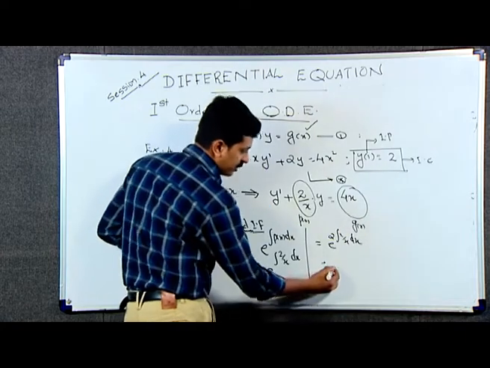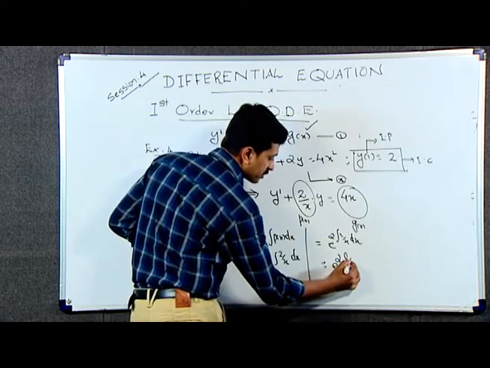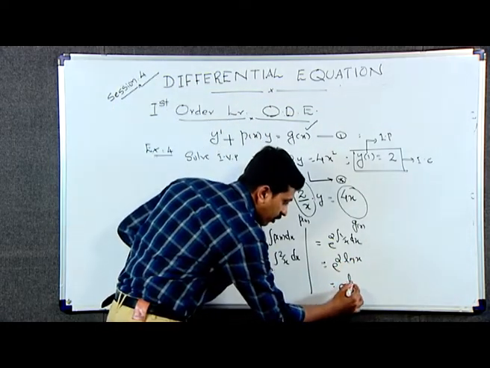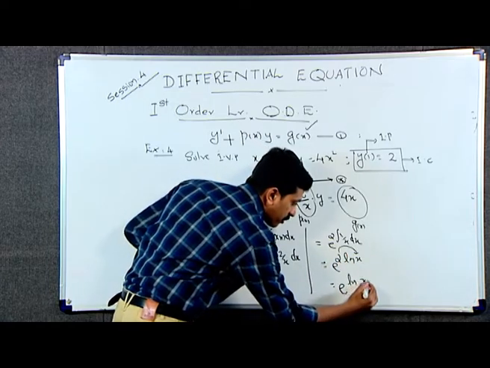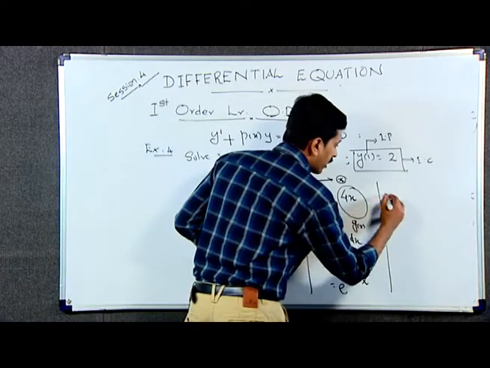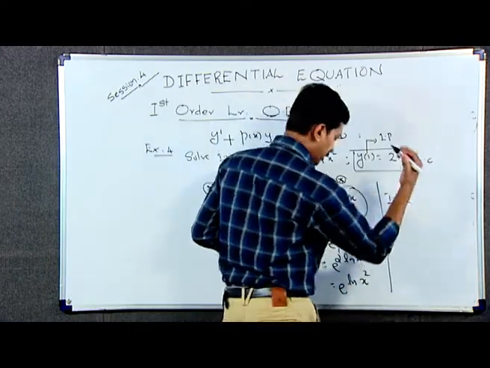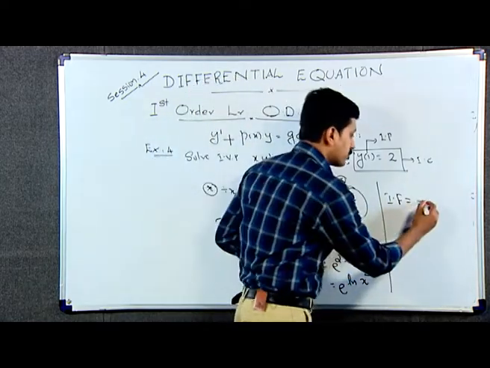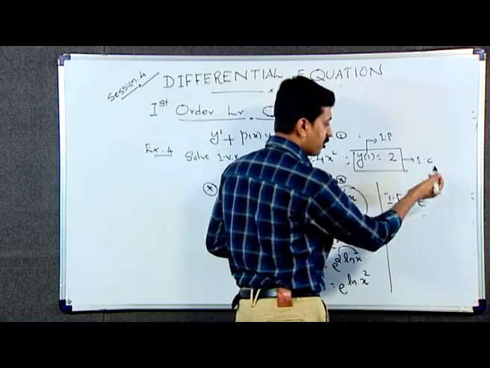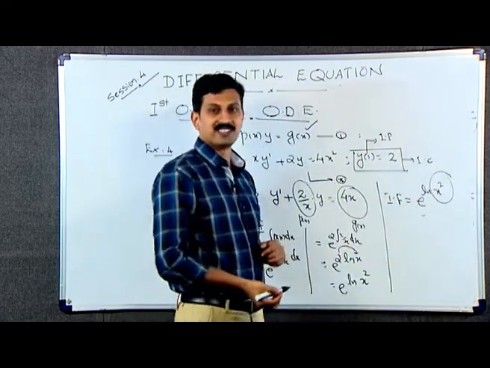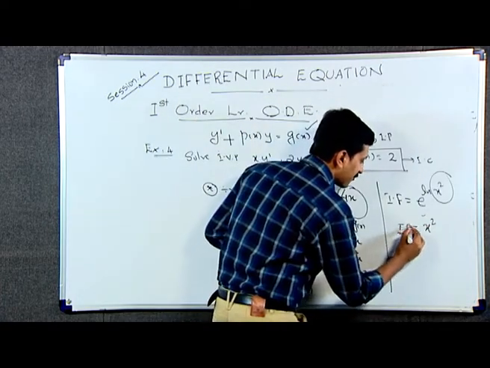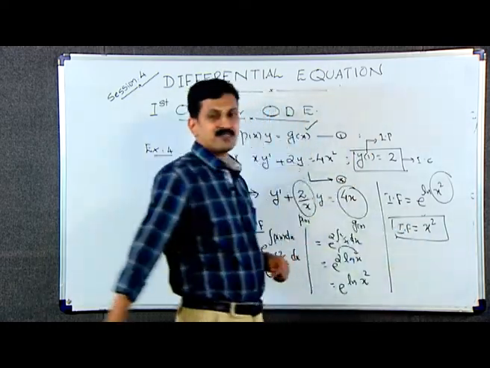The integral of 1 by x is log x, so taking the 2 as a power of x, we get e raised to log of x². By the formula, e and log cancel, and only x² remains. The integrating factor is equal to x².